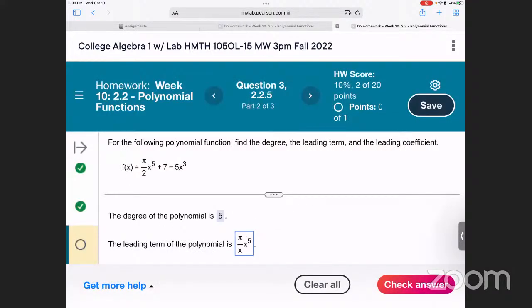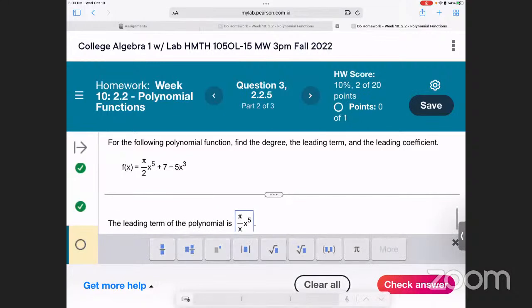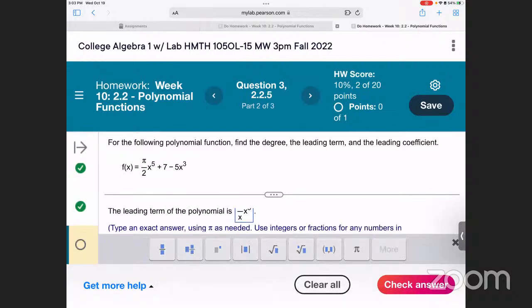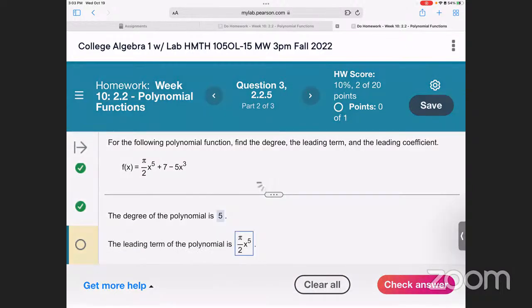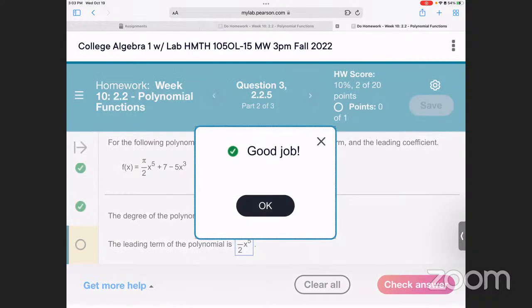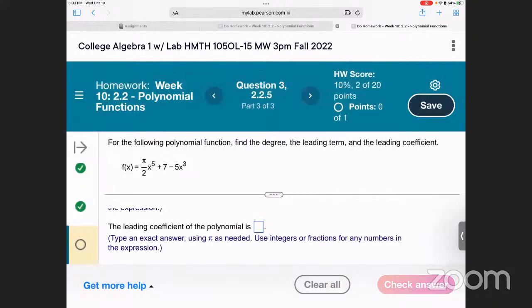I didn't hit my 2 for some reason. The leading coefficient is pi over 2.